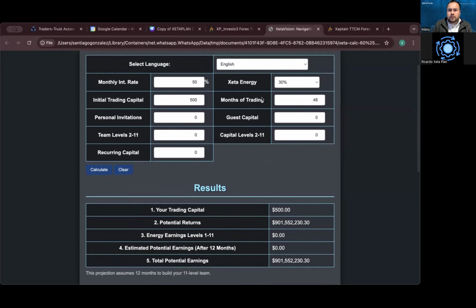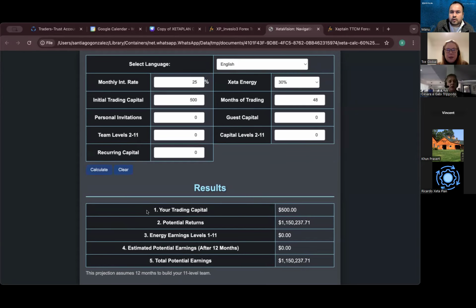That is a lot, but what would happen if it only does half of what it's currently performing? Going from $500 to over $1.1 million without having to do absolutely anything, all while maintaining full control of your funds.